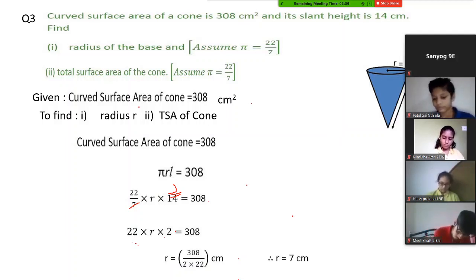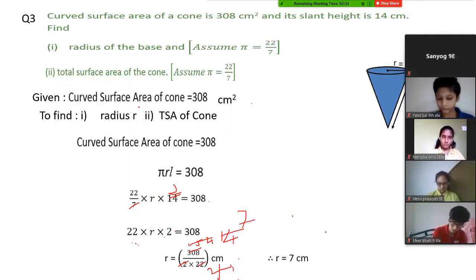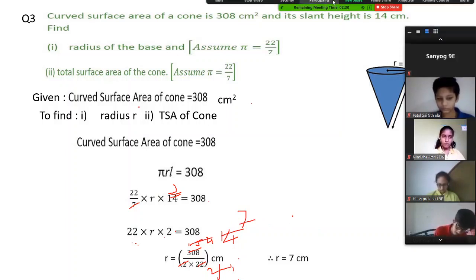So R is equal to 7 centimeter. It will directly cut, 154. Again it will go with 11 twos are 22, 14s are, and 2 ones are 2 sevens are. So it is your 7 centimeter.